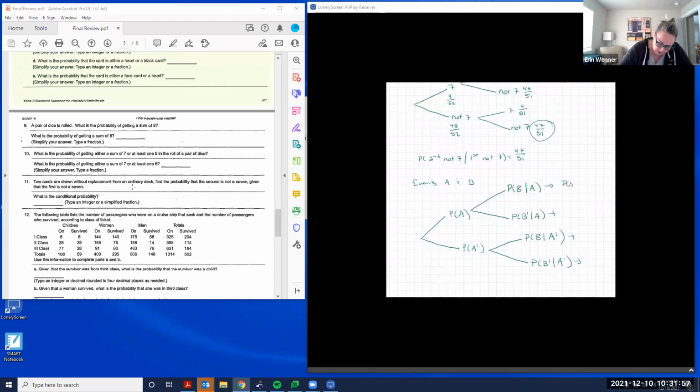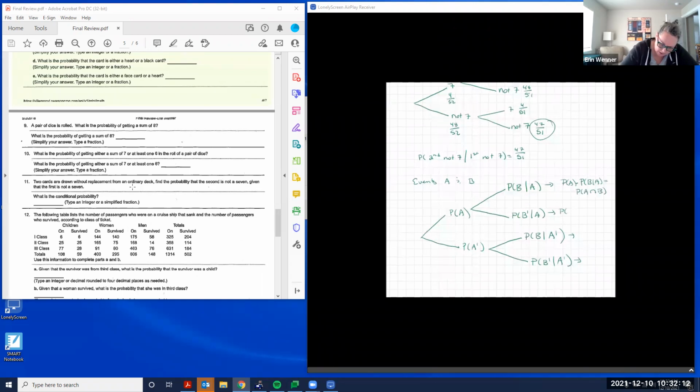So the probability of A times the probability of B given A is going to be the probability of A intersecting B. This one is going to be the probability of A times the probability of not B given A, which gives us the probability of A intersecting not B. This one's going to be the probability of not A intersecting B, and the probability of not A intersecting not B.